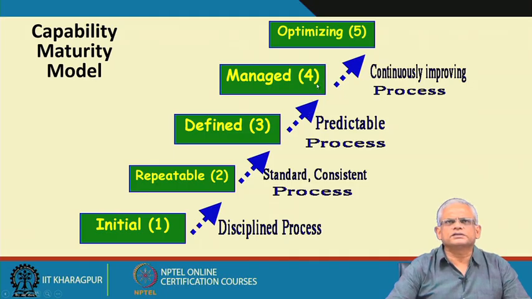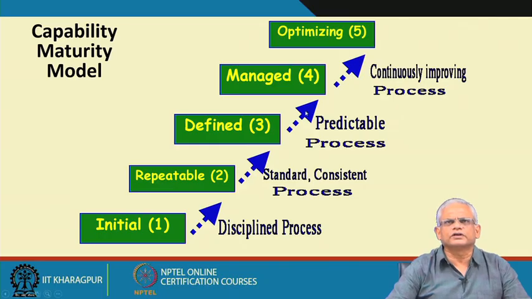From the managed level to go to the optimizing level, the organization must have a continuously improving process. Now, let us see the same example, the number of bugs identified in the review versus the number of bugs identified in testing. If it was identified that review was not very effective, in a managed stage it would be investigated why the review was not effective.